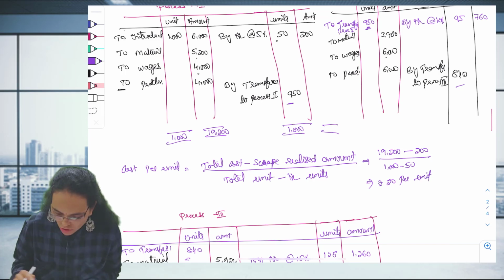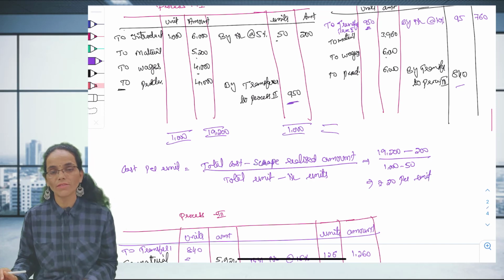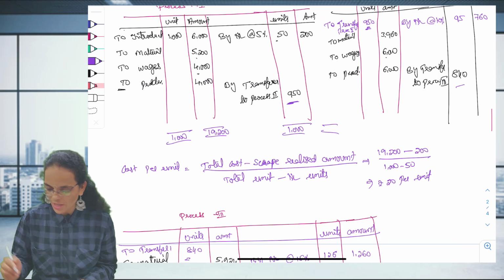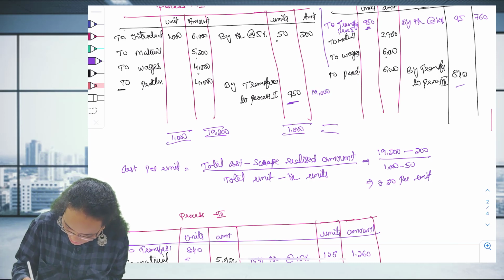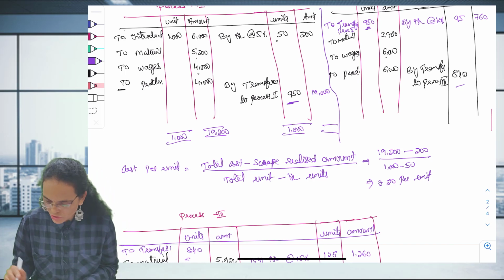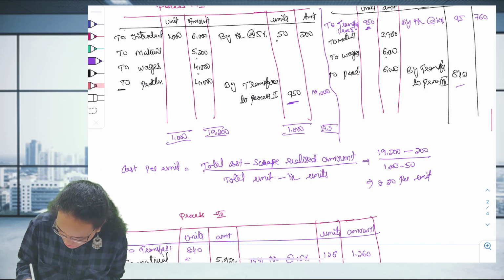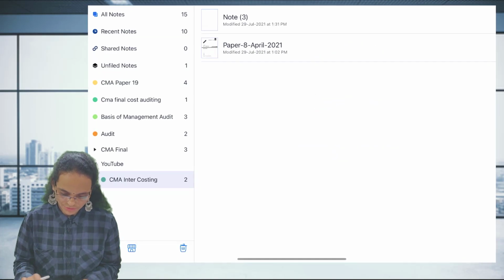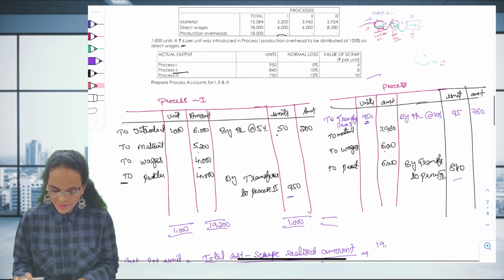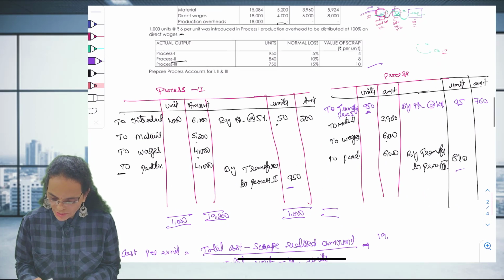So how many units do we have? 950 units into 20, that is 19,000 rupees. Plus 200, that is 19,200. So this is the process 1 account. Done.